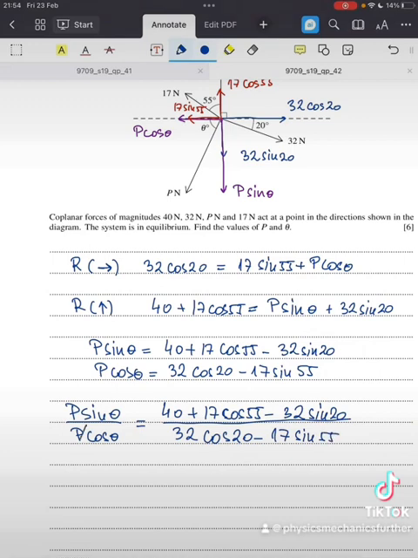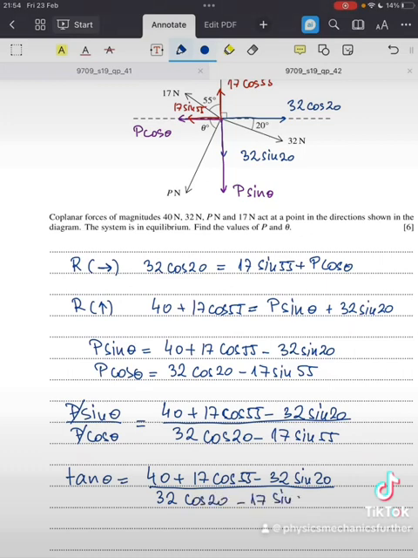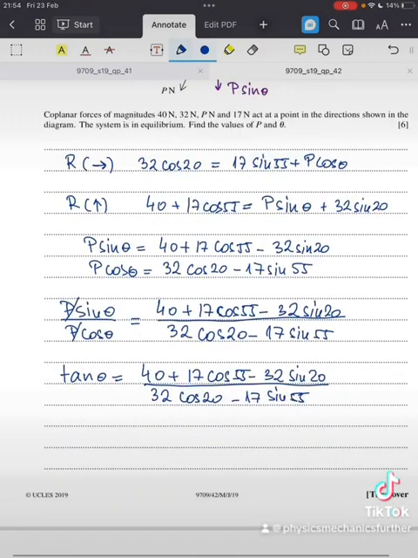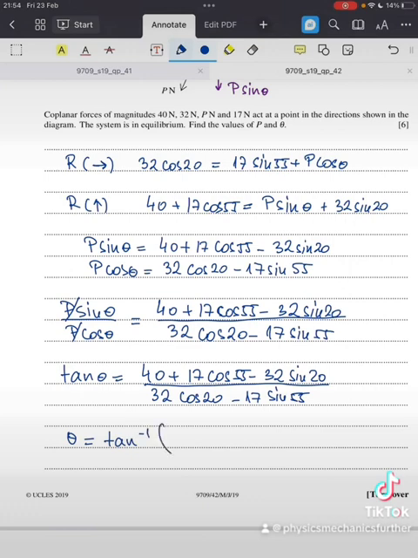Now, as you can see, P over here cancels out and sin theta over cos theta is tan theta. So your tan theta is going to be 40 plus 17 cos 55 minus 32 sin 20 over 32 cos 20 minus 17 sin 55. And now on your calculator, theta is going to be tan minus 1 of all of this relation, and that's when you put everything on your calculator and get the final answer.